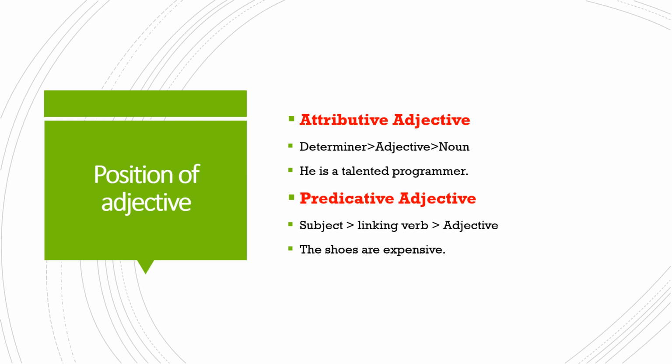So it is basically referring to the noun, shoes. The shoes is our subject, are is our linking verb, and expensive is an adjective. So this is how the position of an adjective in a sentence will also help you identify the adjective in the particular sentence that will be given to you in the exam.